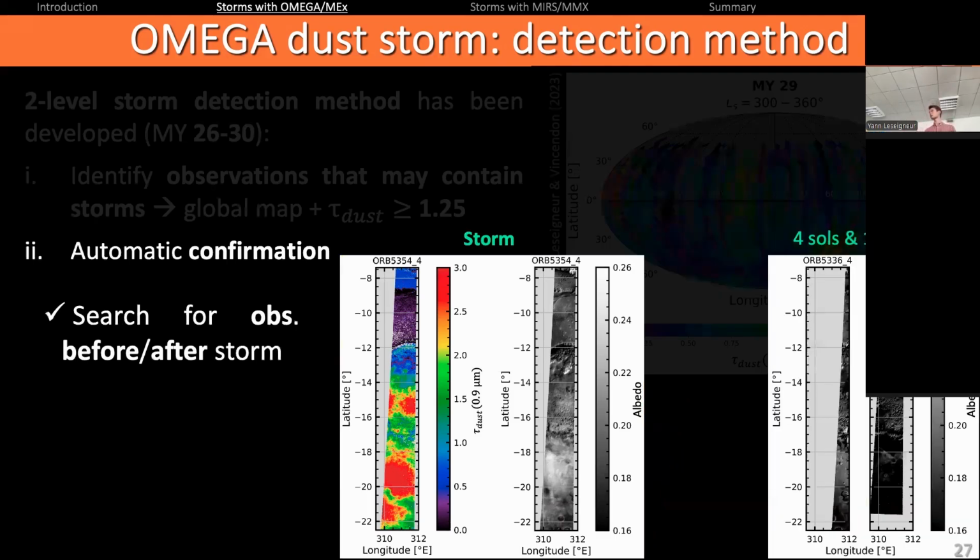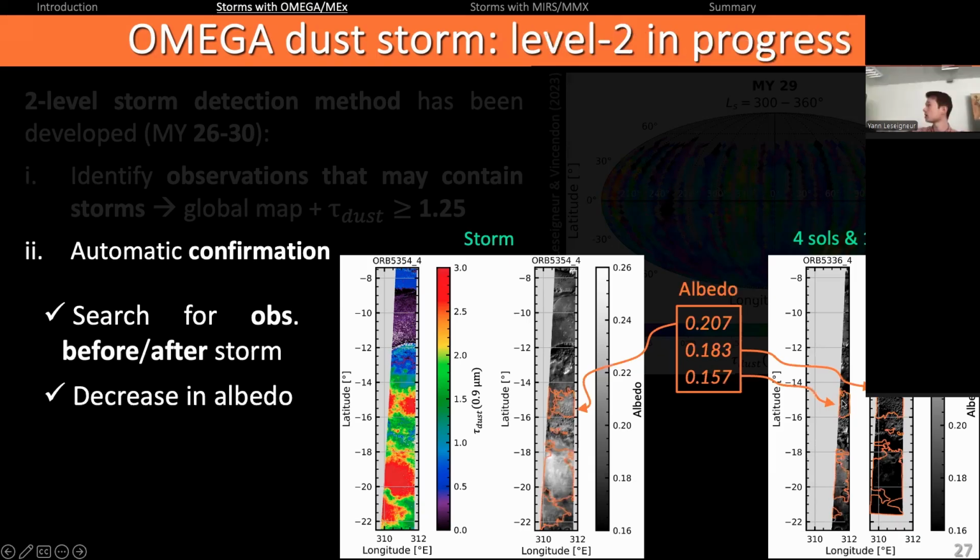So I developed a method to confirm these detections by searching for observations before or after the storms. For example, here I found an observation 4 sols, so 4 Martian days, before, or 1 Martian year before, and we can see on the albedo map a clear decrease of the albedo compared to during the dust storms, because we know that the dust is very bright.